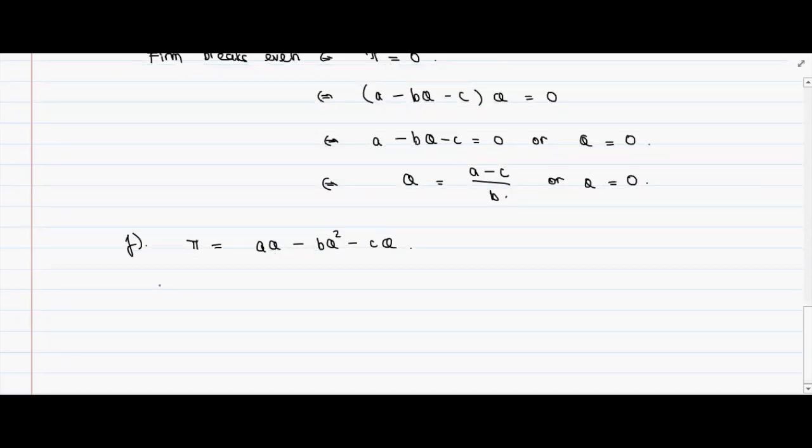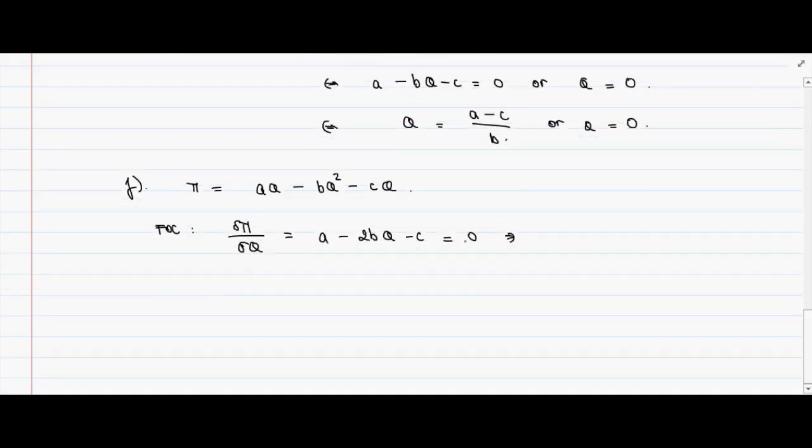In order to find the maximum point, I just have to find the first order condition, which is going to give me either a maximum or minimum, and use the second order condition to confirm that I have found a maximum point. If I differentiate the profit function with respect to Q, I get A minus 2BQ minus C, and I would like to make this equal to 0 in order to find the stationary point. Solving this equation for Q, I get Q equal to A minus C, everything divided by 2B.